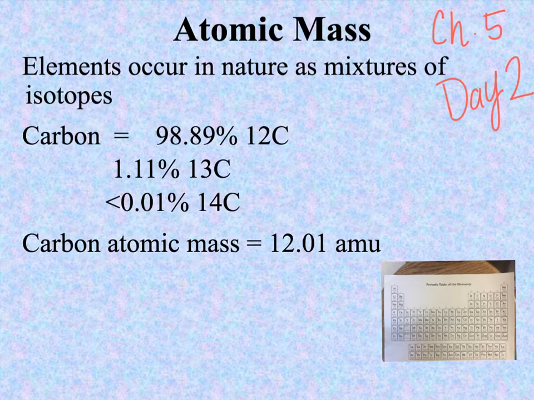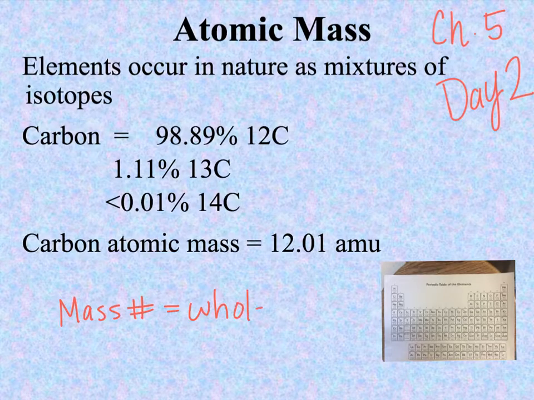So average atomic mass is different than the mass number that we talked about on day 1. So if you remember mass number from the first lecture, mass number is a whole number that you get just by adding protons and neutrons, okay?